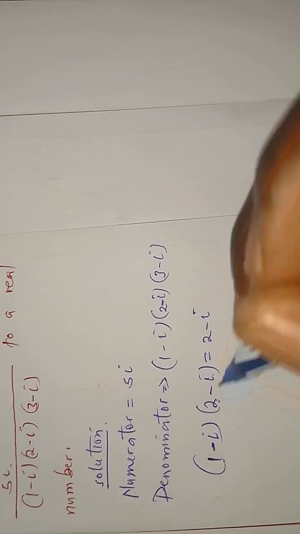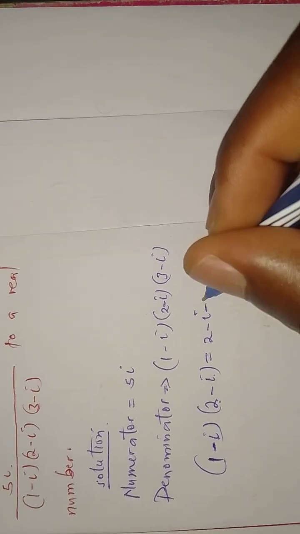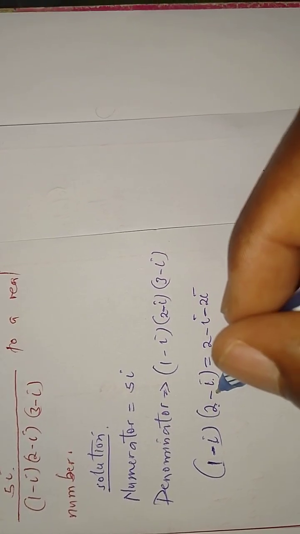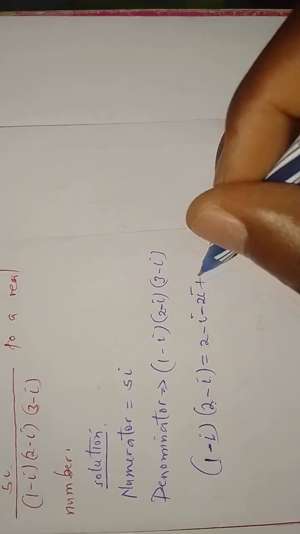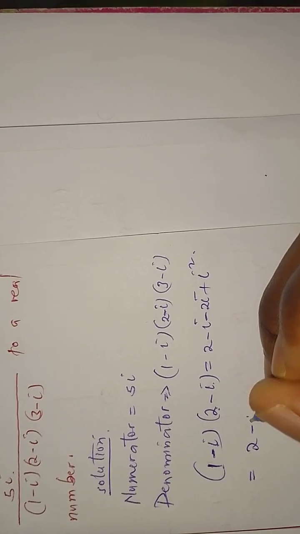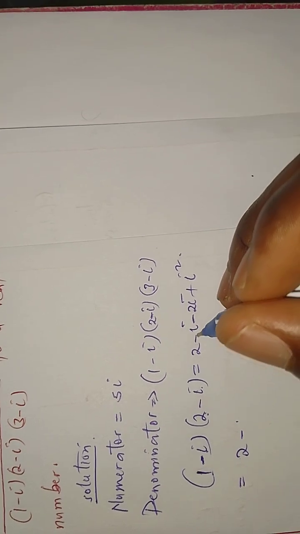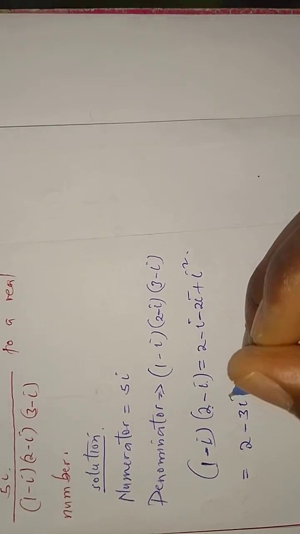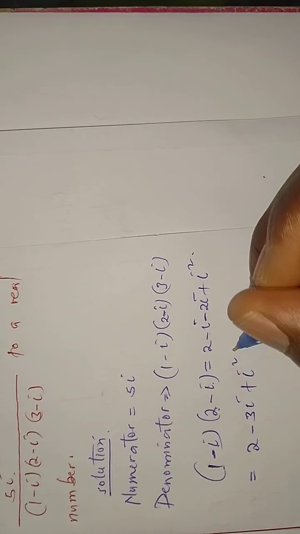Negative i times 2 is negative 2i. Negative i times negative i is positive i squared. This becomes 2 minus 3i plus i squared.